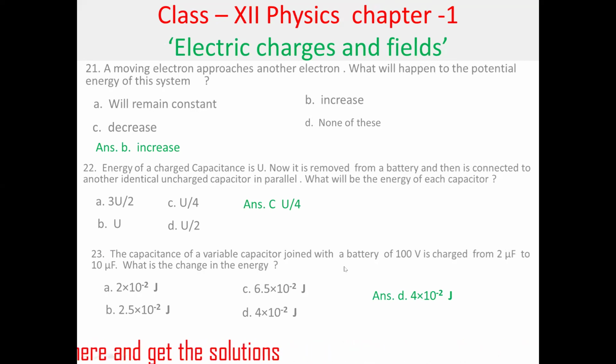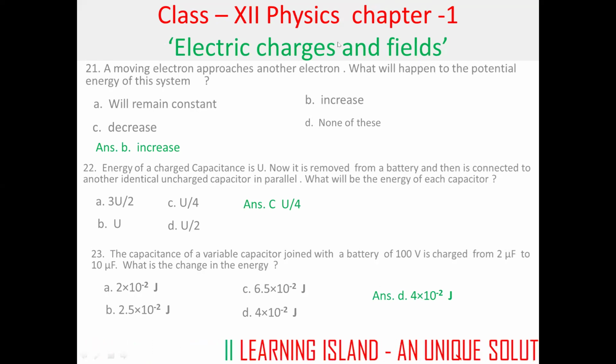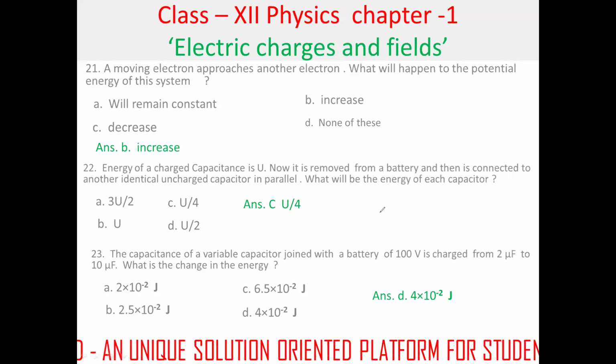So energy U equals half CV square. Here the capacitor is charged from 2 microfarad to 10 microfarad.